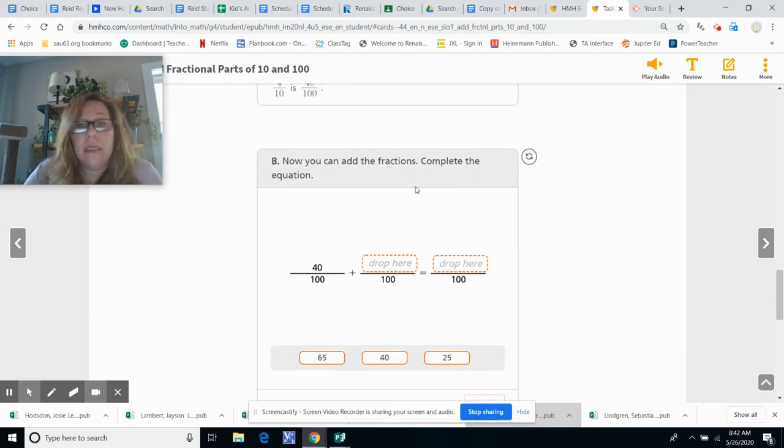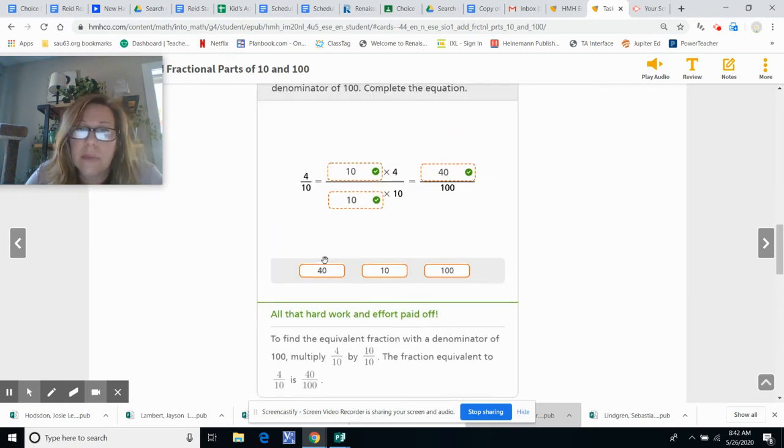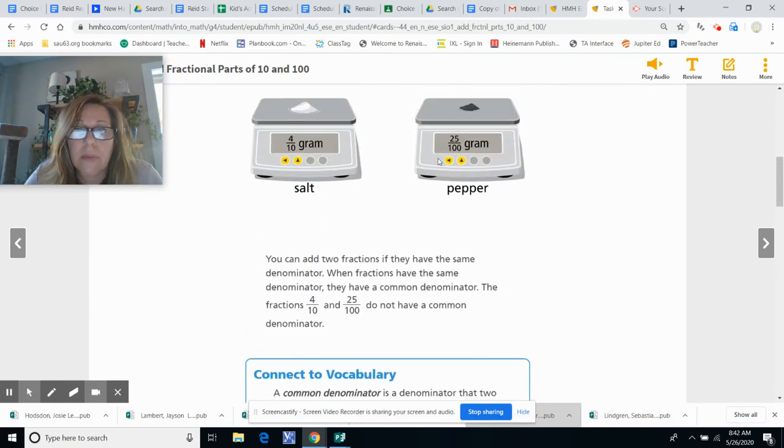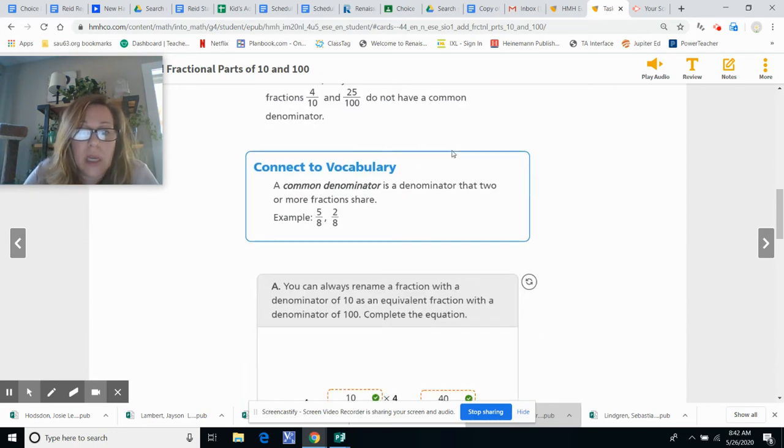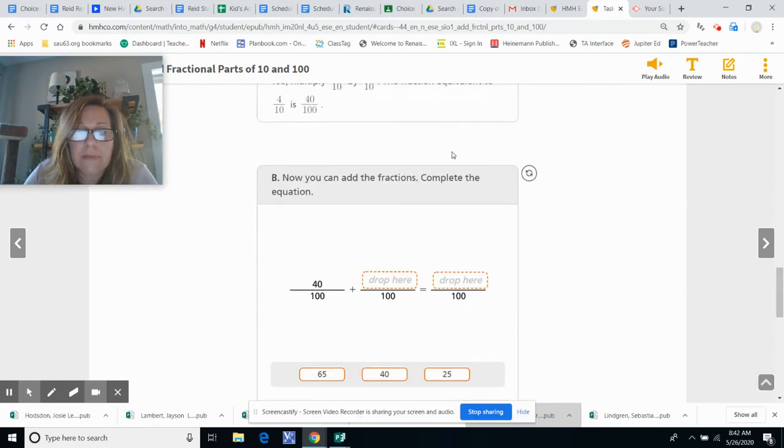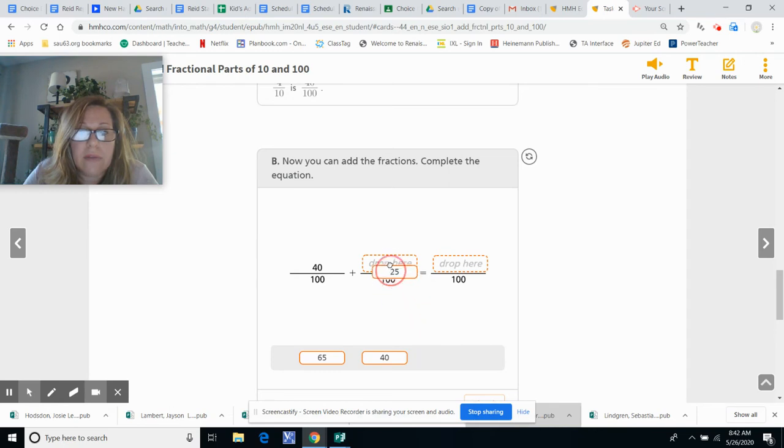Now let's complete the equation. So 40/100, and remember the pepper was 25/100ths. So we have the salt and the pepper, and now we can add them together because we're only adding the numerators. The denominator will stay the same.